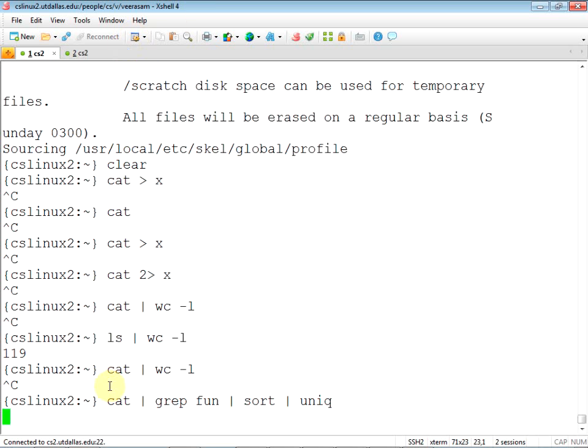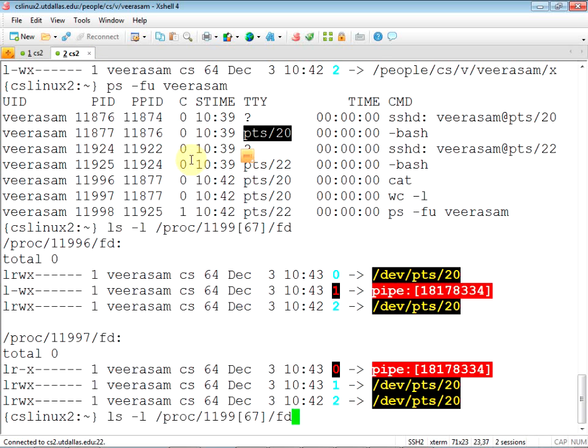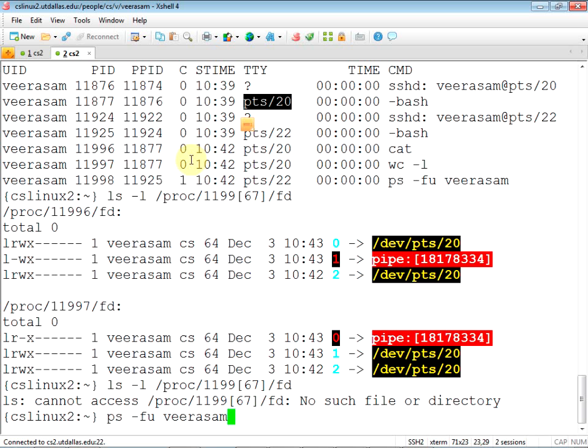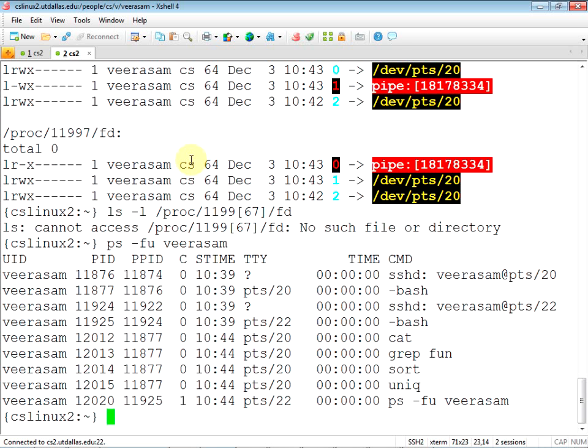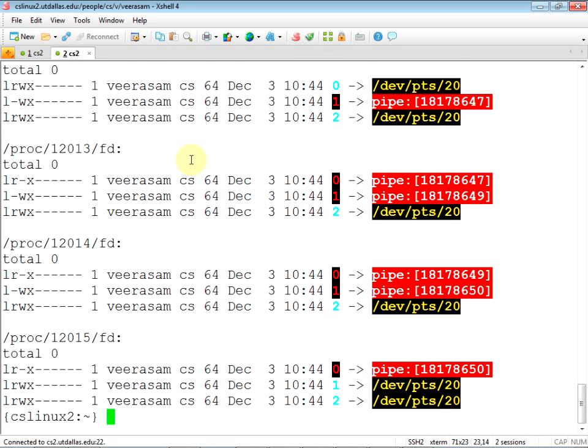Right there are the 4 processes, right? Cat, grep, sort, uniq. So the 4 processes. 1, 2, 0, 1, question mark. Question mark is for 1 character.